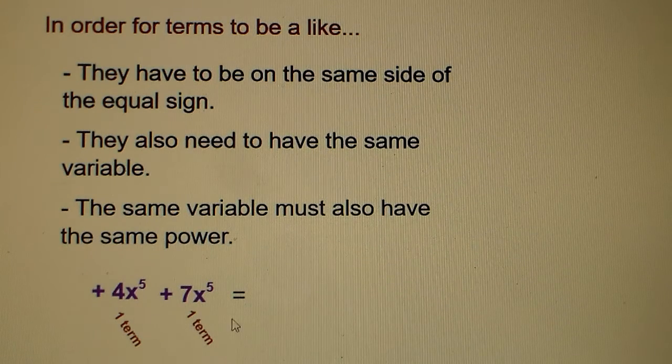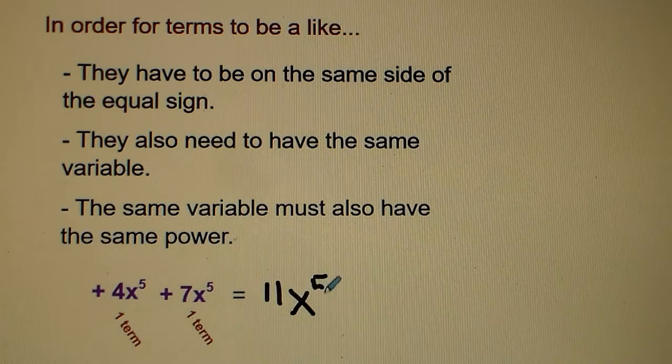We can combine these terms because both of them have the x to the power of 5. So 4x to the 5th plus 7x to the 5th gets you 11x to the 5th. So it'll be positive 11x to the 5th. That'll be our answer.